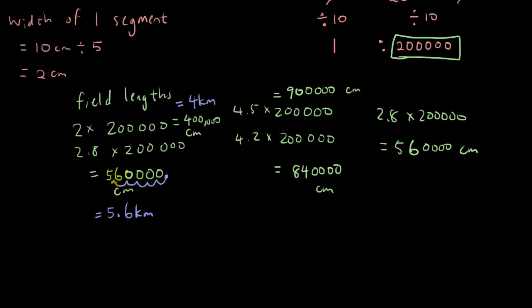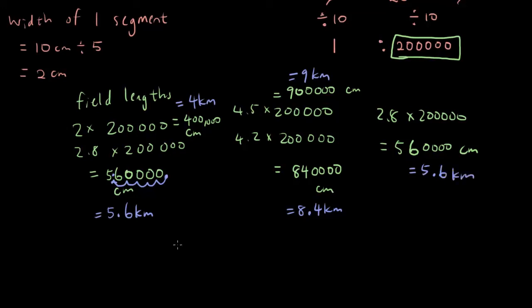Okay, so the new decimal point is here. Now we do the same thing, and this would be 9 kilometers. This would be 8.4 kilometers, and this one would be 5.6 kilometers.